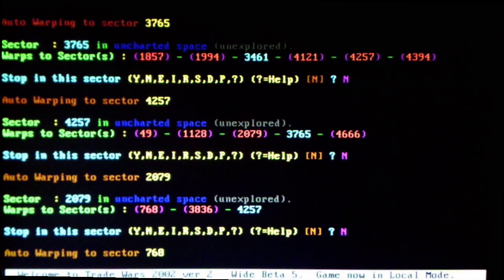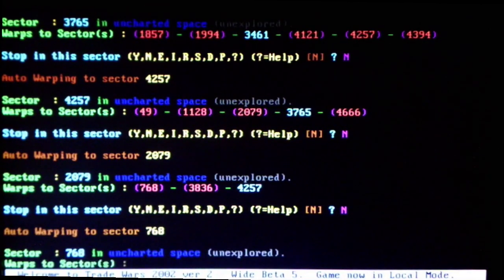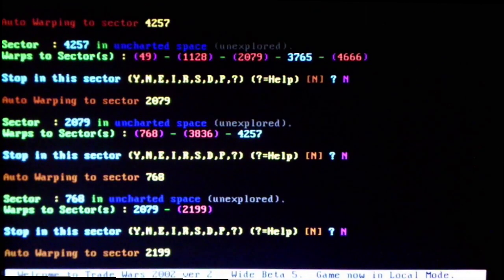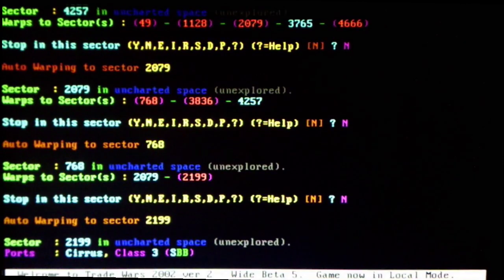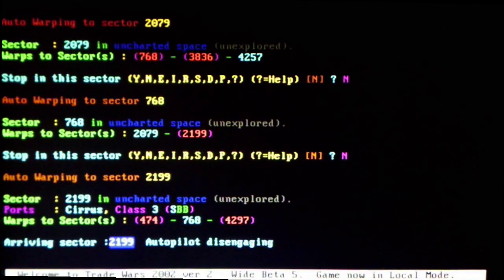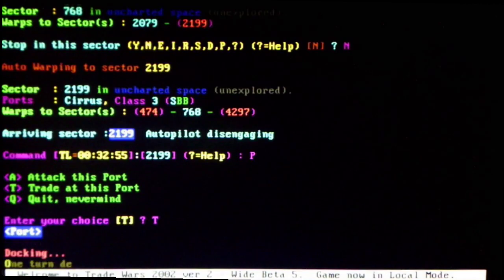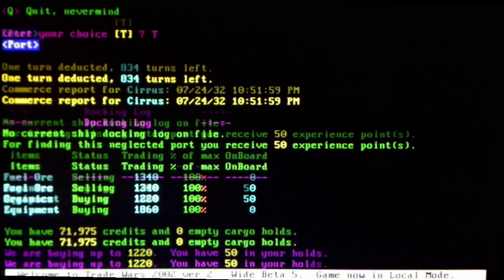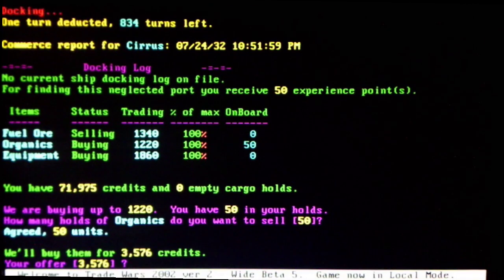There's also a couple of large ports out in the middle of nowhere to see if we can figure out the location of those for trading, and there's some lore. It's kind of fun. So let's sell that off.